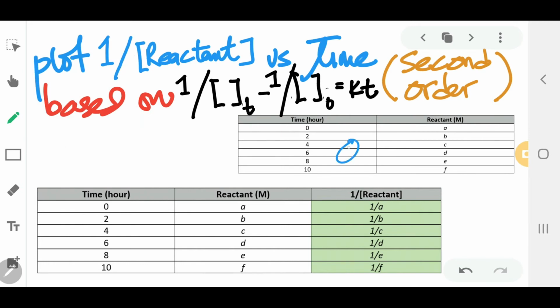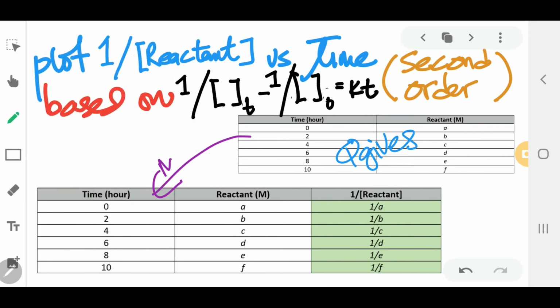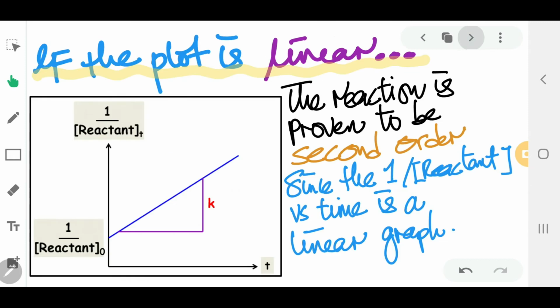This is what the question gives, and we have to modify the table like this. You need to write the modified table in exams, because this table right now will give you a mark. Same goes for the first order reaction just now.